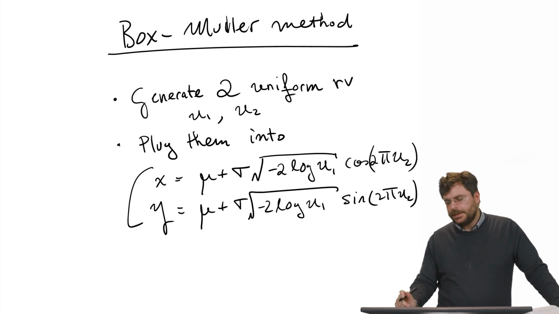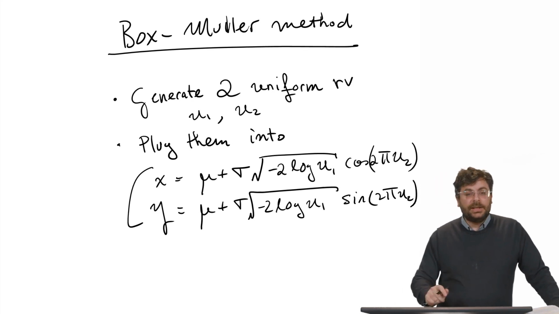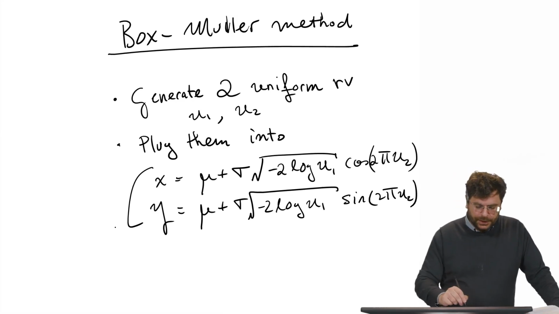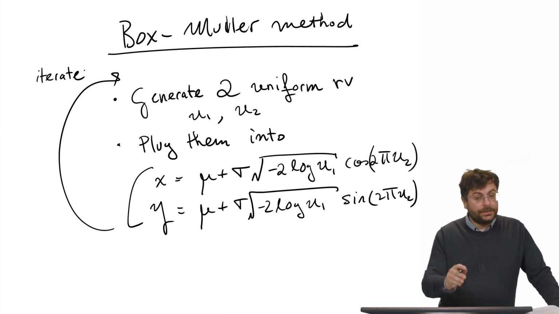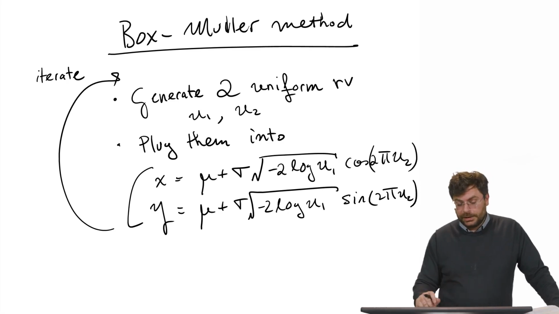And you are done. So you have now generated two samples from the Gaussian distribution for each iteration of the Box-Mueller method, if you choose to iterate more.